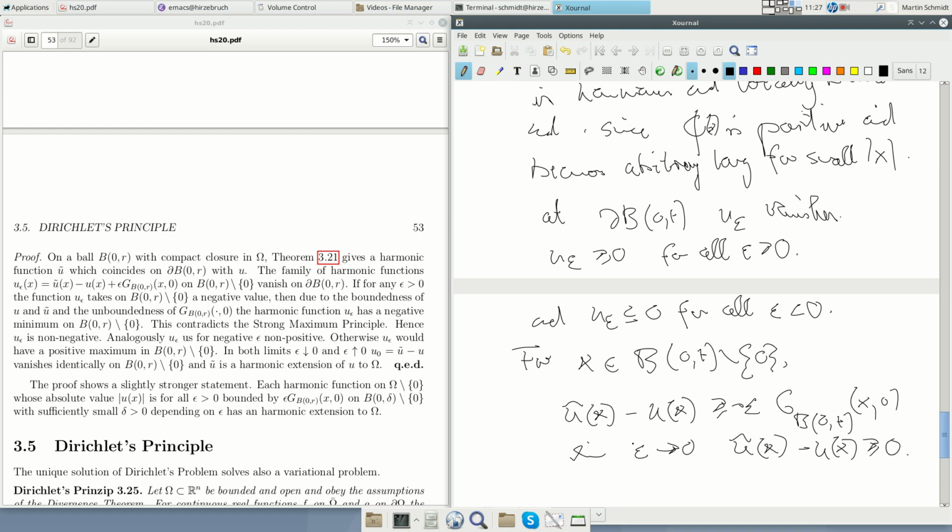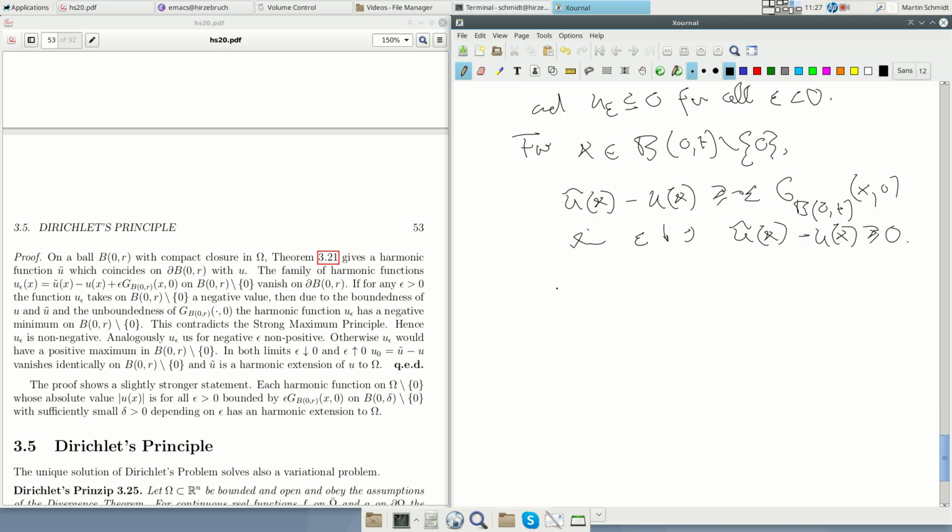And for negative epsilon, okay, here we should take the positive epsilons, and now u tilde of x minus u of x is smaller or equal to minus epsilon G_B(0,R)(x,0). Now for negative epsilon, here this we have for epsilon larger than 0, and this we have for epsilon smaller than 0.